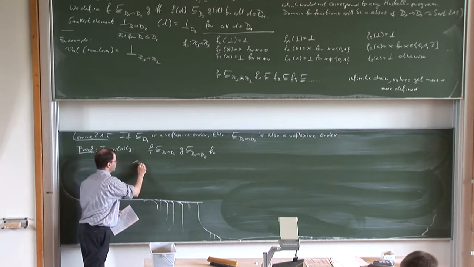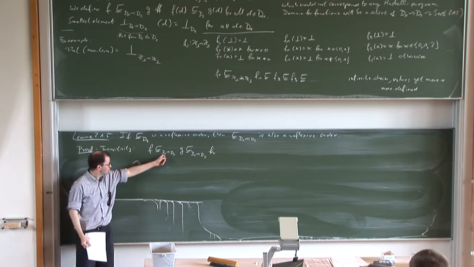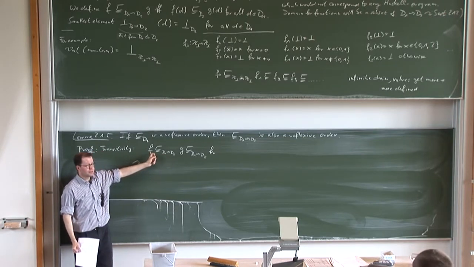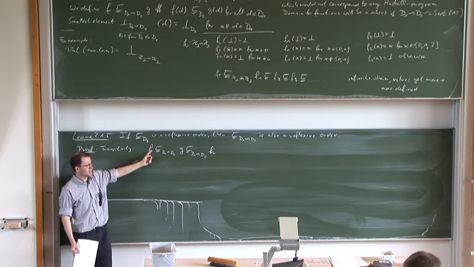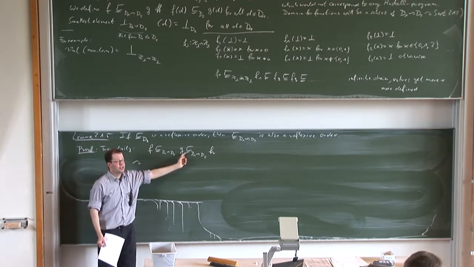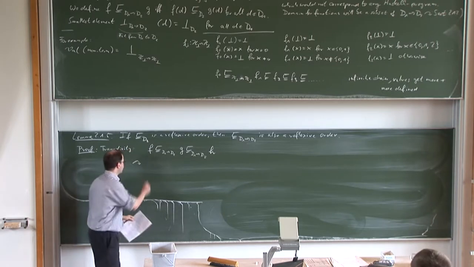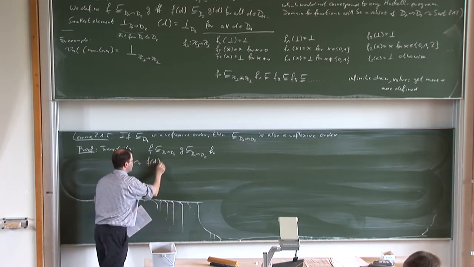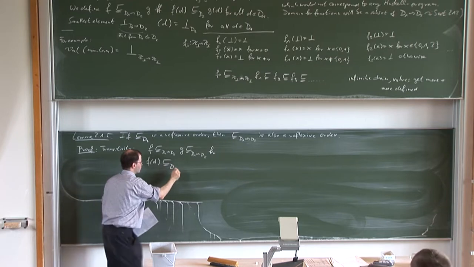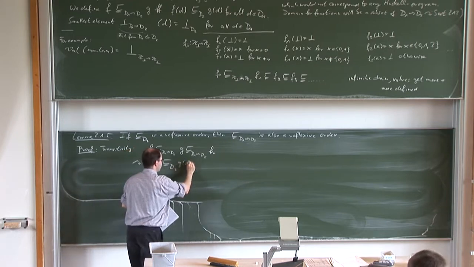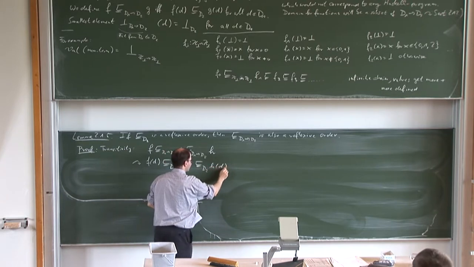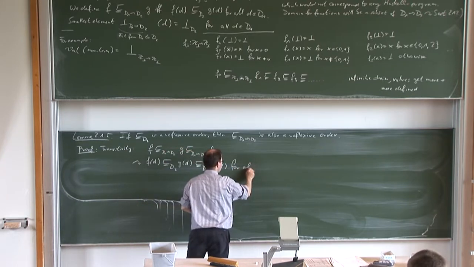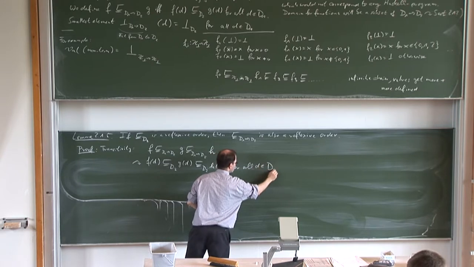Now this means, by definition, that for every argument, small d from D1, F of d is less defined or equal than G of d, and this is less defined or equal than H of d, for all d from D1.